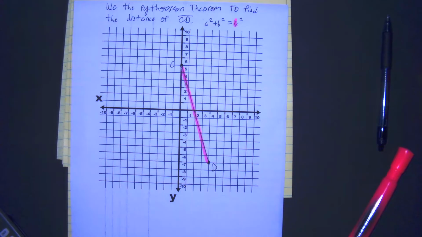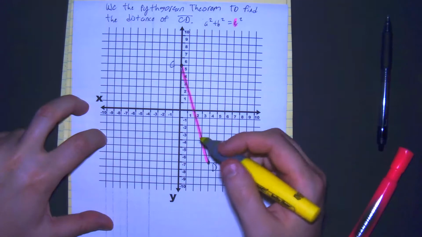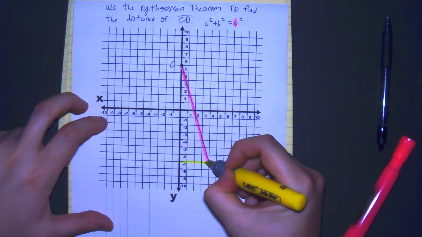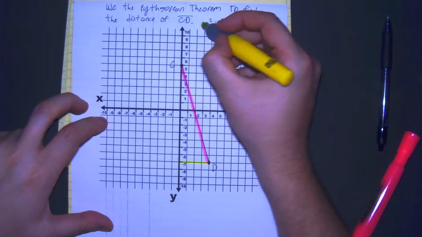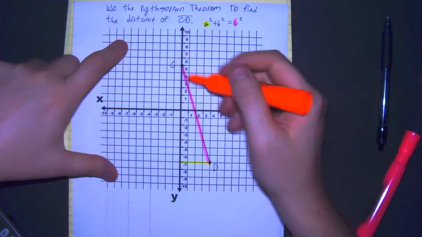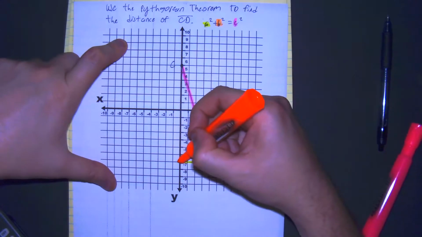And then we have our a, which could be represented by the horizontal distance. So all the way down, that would be our a, the distance between both points. And our b would be our vertical height.